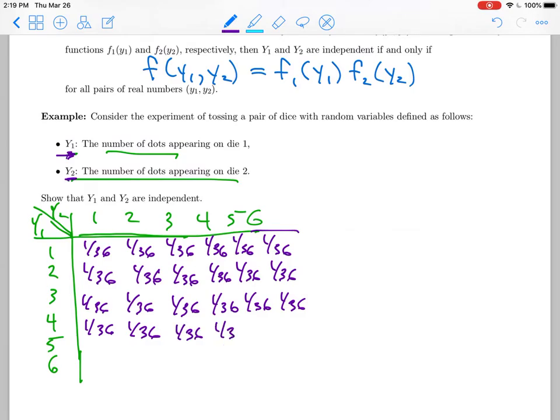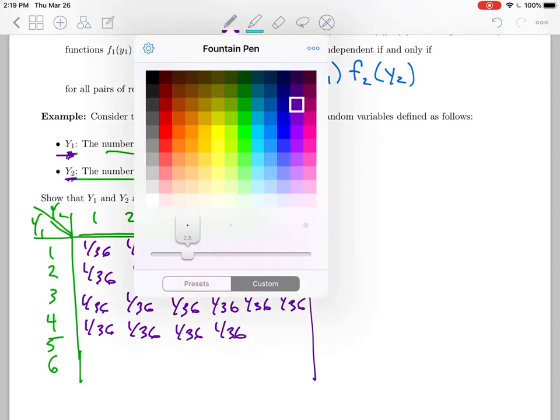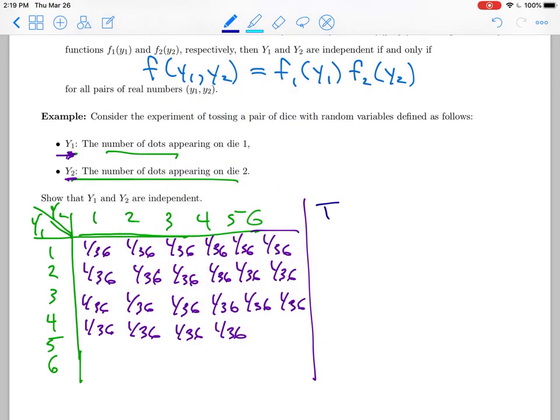If we take the row sums, these are for a particular choice of Y1. It is adding up over every value of Y2.